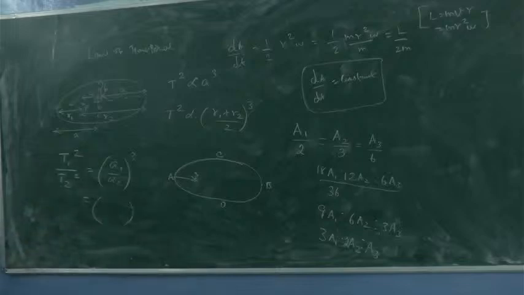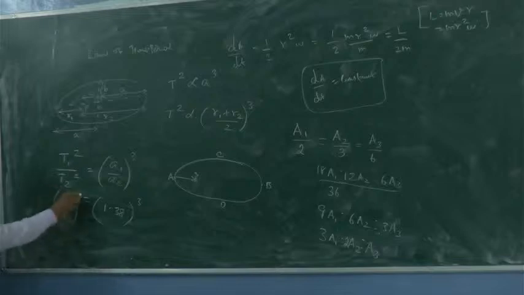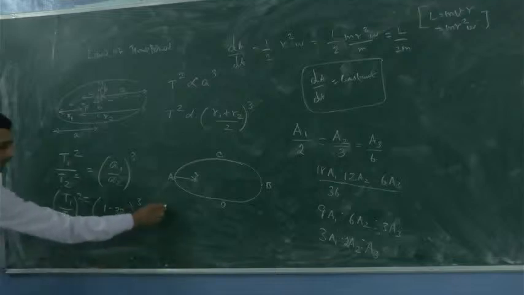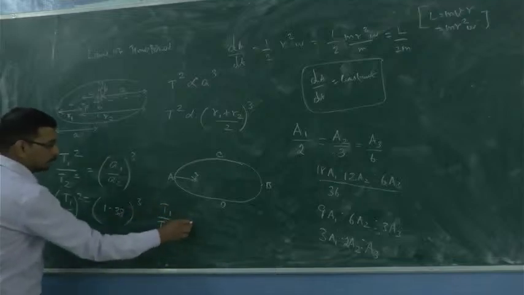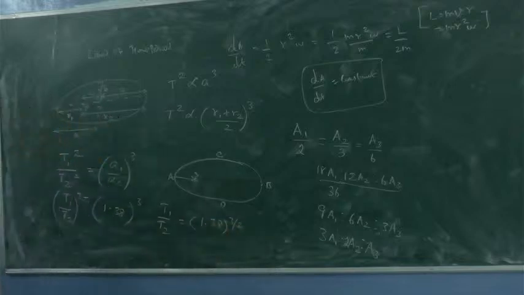Distance ratio 1.38. We need the T1 by T2 value alone. So to remove this square we can take square root on both sides. On both sides square root, the answer becomes T1 by T2 is equal to 1.38 whole power 3 by 2. Am I right? Which option is correct? Second option.